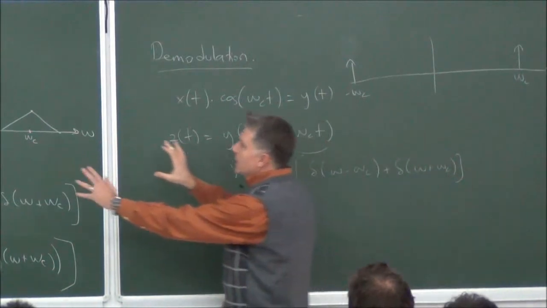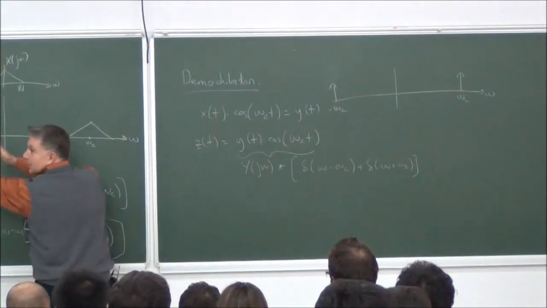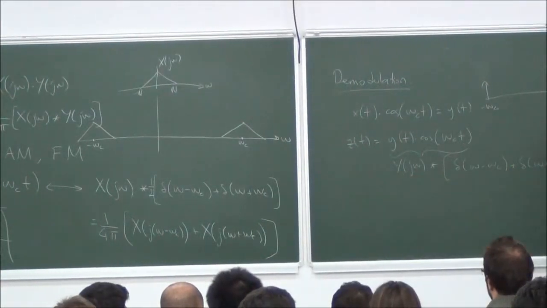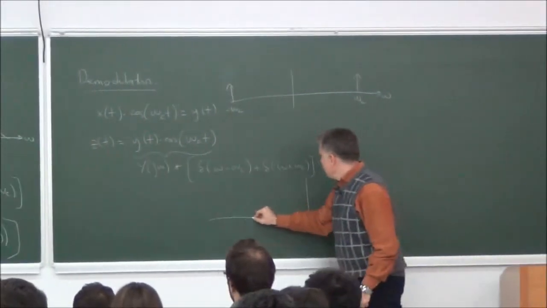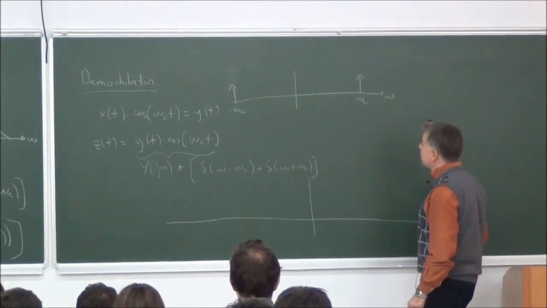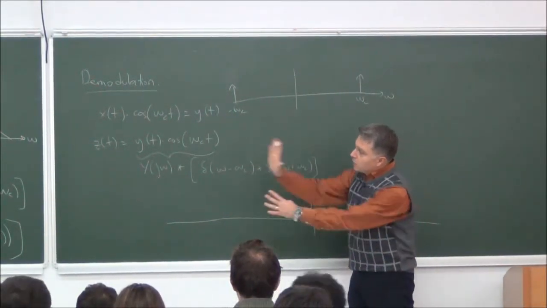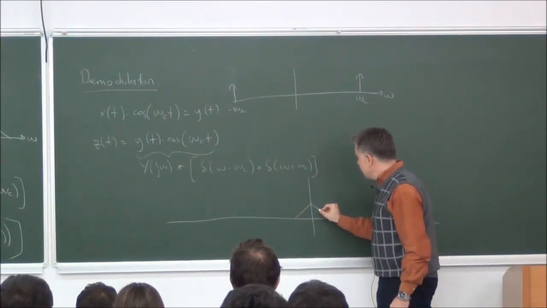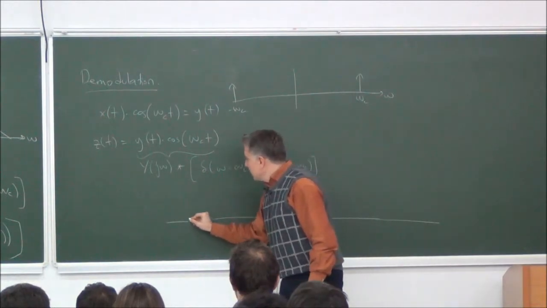So you need to shift these two triangles to the left-hand side by an amount of omega c. Then what is the shape that you get? If that signal is shifted towards left by an amount of omega c, you have this triangle and this triangle.